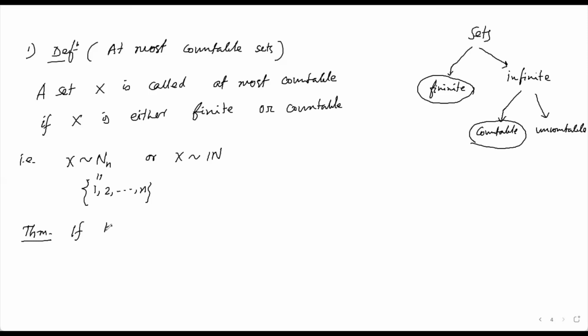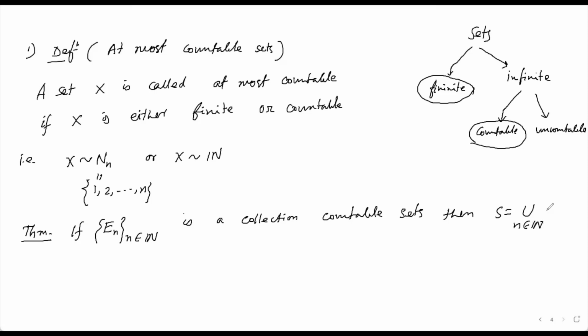If E_n, for n belonging to the set of all naturals N, is a collection of countable sets, then the union S of these countable sets, over n belonging to N, is also countable. So this is basically a countable union of countable sets.